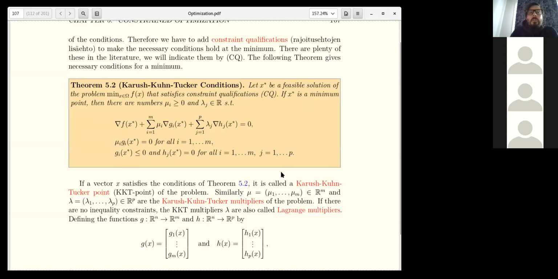So let's assume now, we call these constraint qualifications. So we have to assume certain things like continuity, differentiability, continuity of the derivatives, a lot of non-pathological situations that we also have to explain shortly.